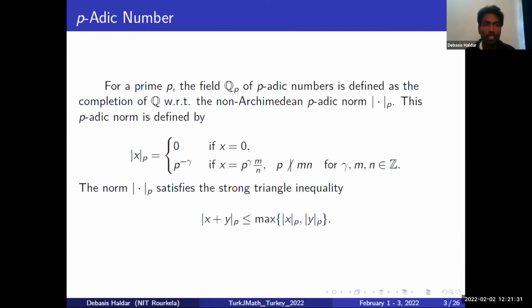First, for a prime number p, the field Qp of p-adic numbers is defined as the completion of the field of rational numbers Q with respect to the non-Archimedean p-adic norm.